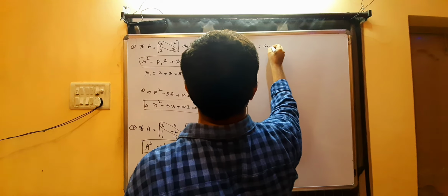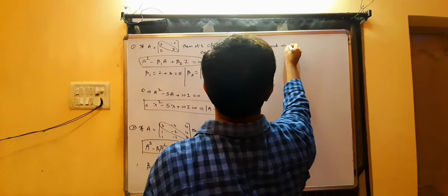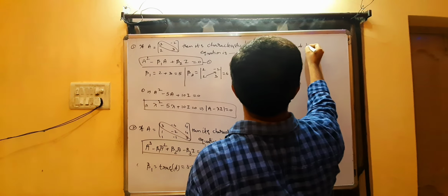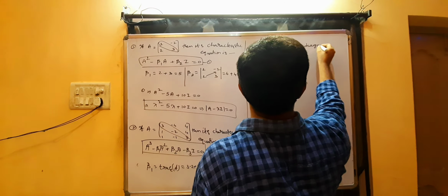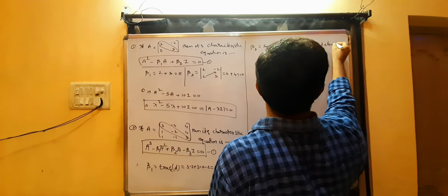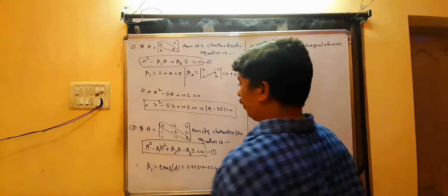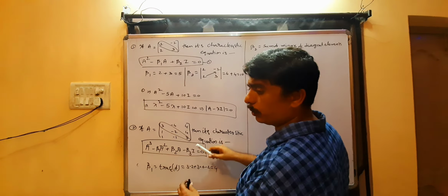Beta 2 is the sum of the minors of the diagonal elements. That is the minor of the first diagonal element 3.